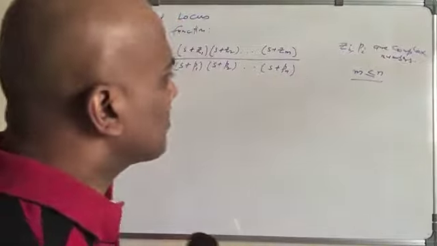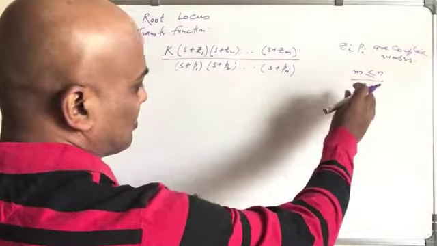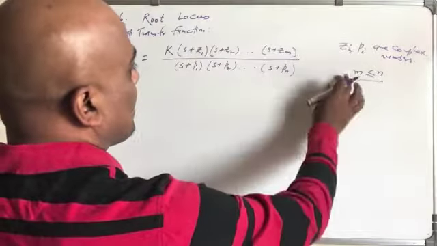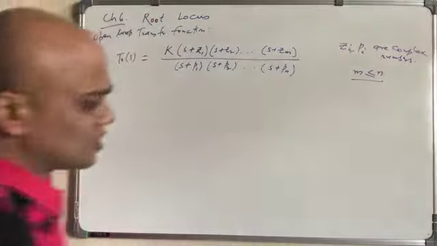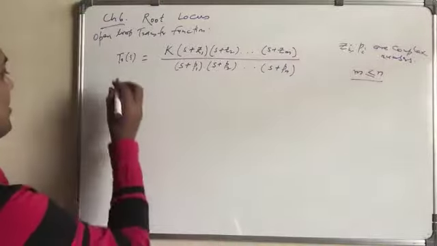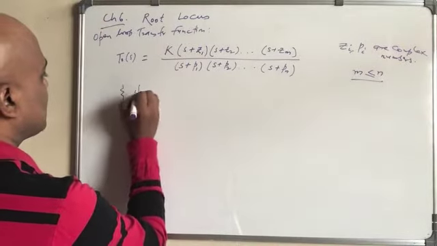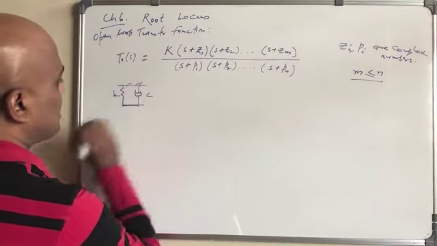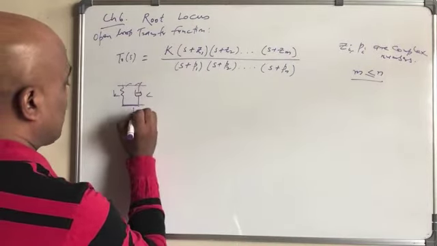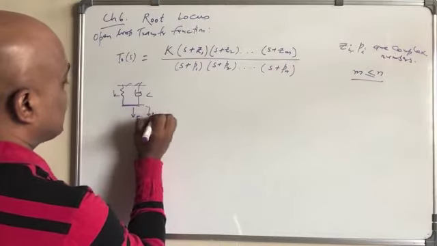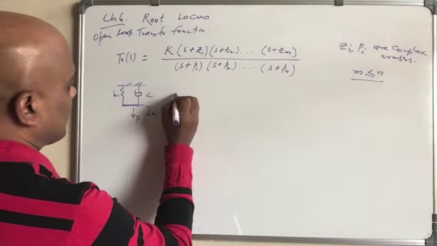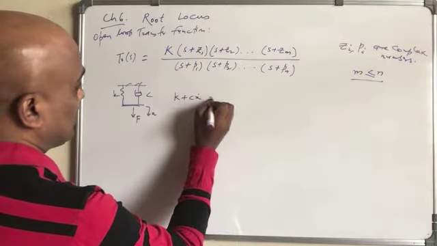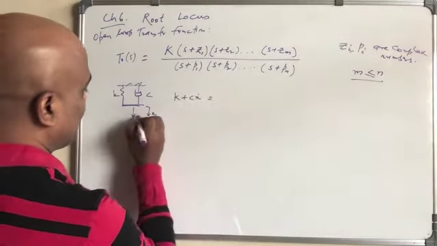Also, most real life systems have m less than or equal to n only. For example, take a spring damper system with spring constant K and damping C. If you apply a force F(t) and there is a displacement x, the equation is Kx plus C x dot equal to F(t).